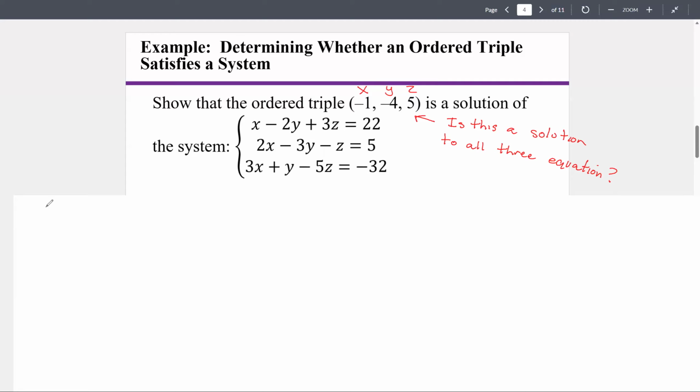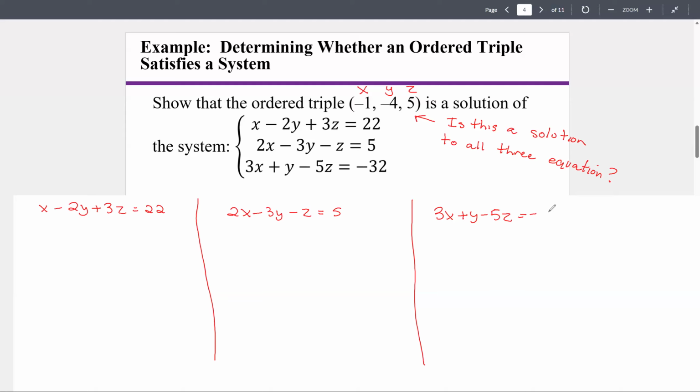So we have x minus 2y plus 3z equals 22. We have 2x minus 3y minus z equals 5. And we have 3x plus y minus 5z equals negative 32. And my x is negative 1, my y is negative 4, and my z is 5. So I have negative 1 minus 2 times negative 4 plus 3 times 5.